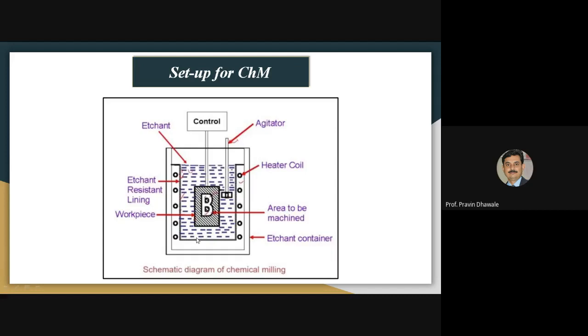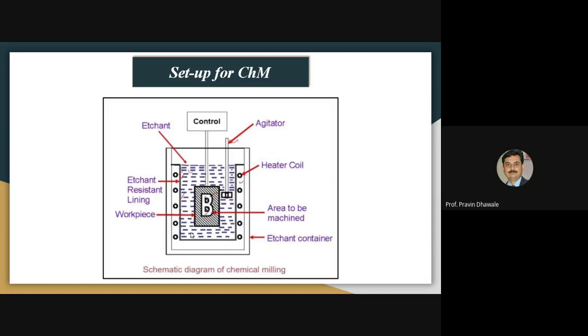So this will be the experimental setup and working of this chemical milling or chemical machining setup. So draw this diagram of the setup for chemical machining, name each part and try to understand the working of each part.